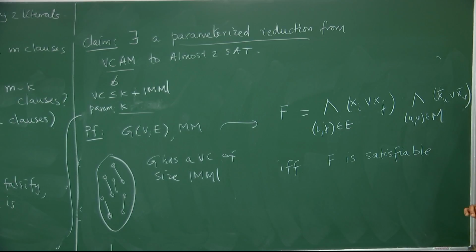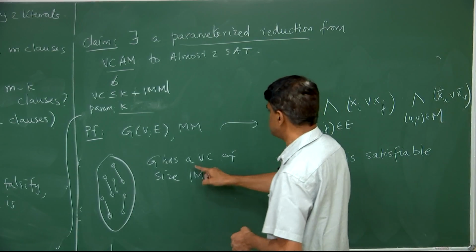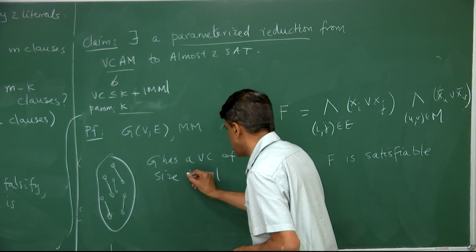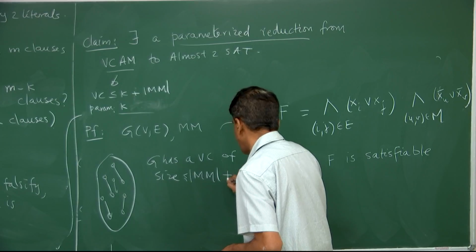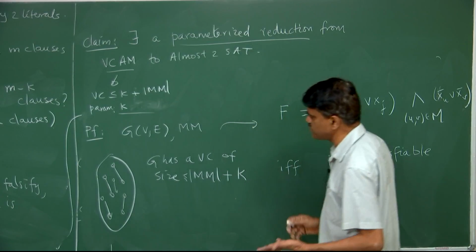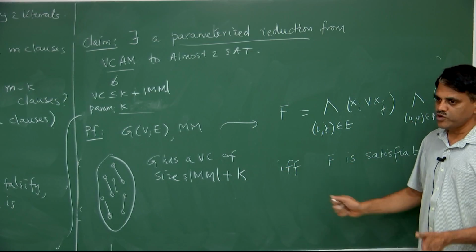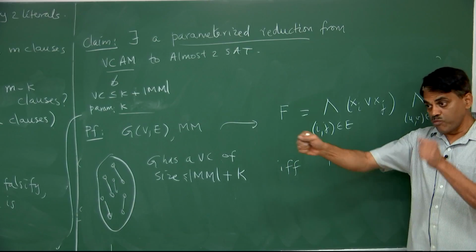Okay. You can generalize this a little bit and say G has a vertex cover of size at most |M| plus k, which means up to k edges it is picking both endpoints.